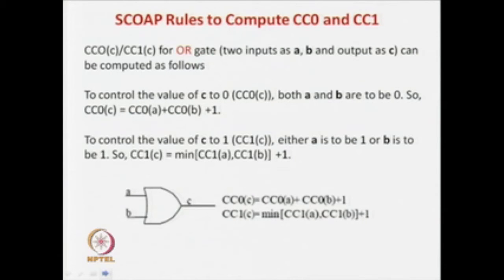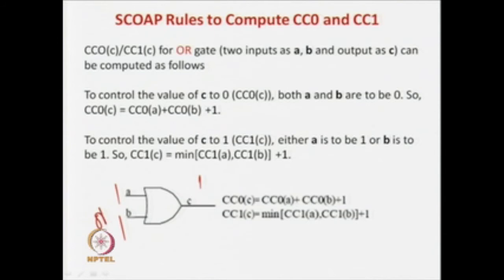Now, we go for an OR gate. The OR gate is always the dual of an AND gate. If you want to get a 0 here, you have to apply a 0 and a 0, because any other combination makes a 1. So, the combinational difficulty of 0 at A plus the combinational difficulty of 0 at B plus 1 for the level shift, because both of them have to be 0. This is the value of CC0. Now, to make the output 1, either this one is 1 or this one is 1.